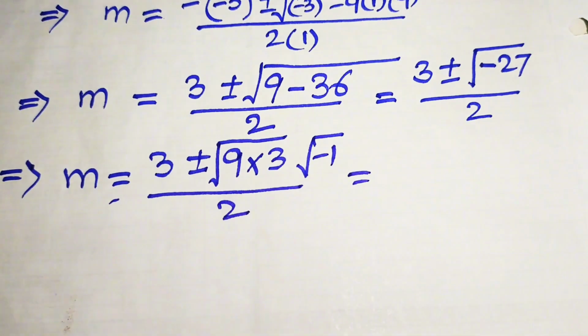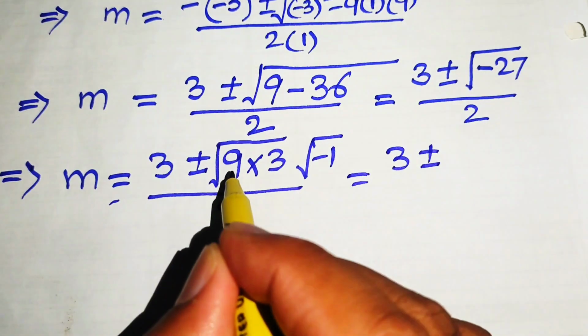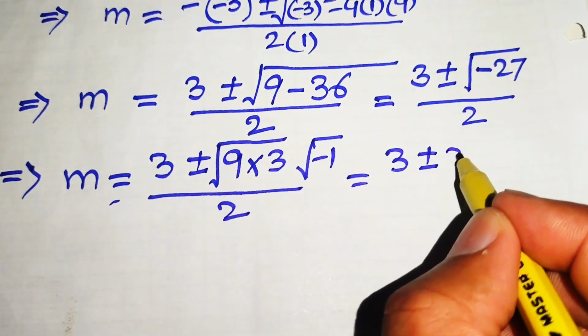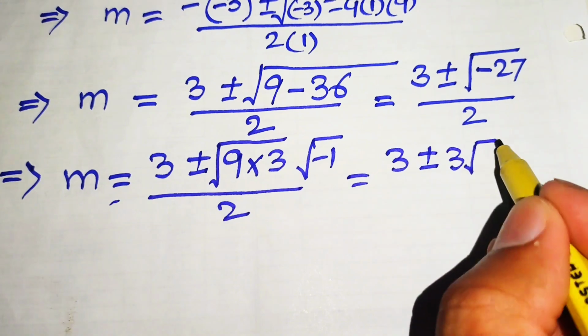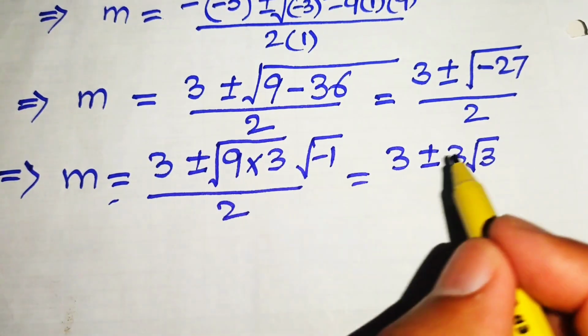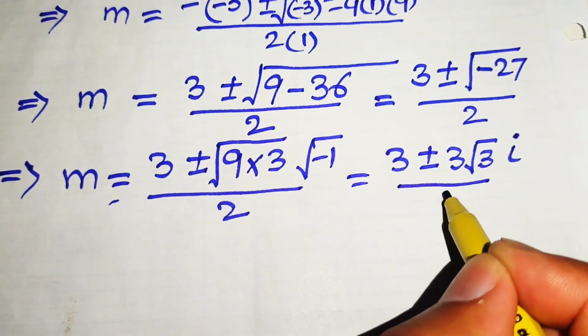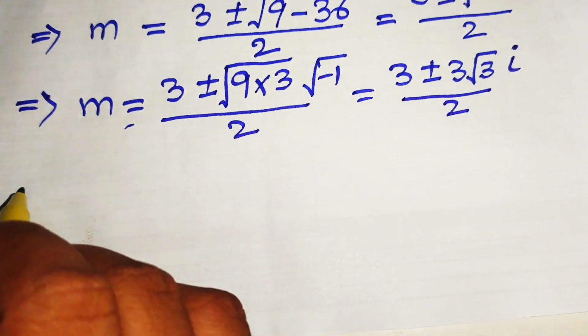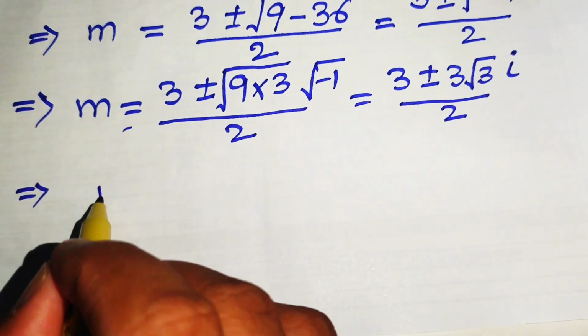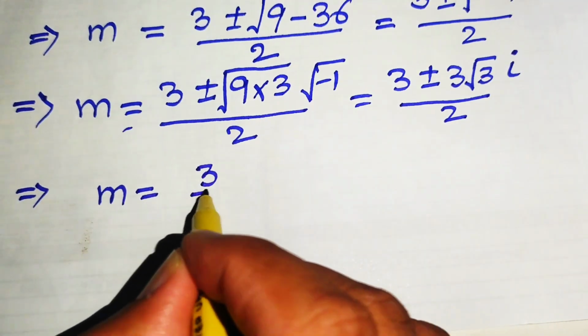So we need simplification here, and we write it as 3 plus minus, we know that the square root of 9 is 3 into square root of 3, and we know that square root of minus 1 equals iota, and this whole divided by 2. So this implies that we have m equals 3 over 2.